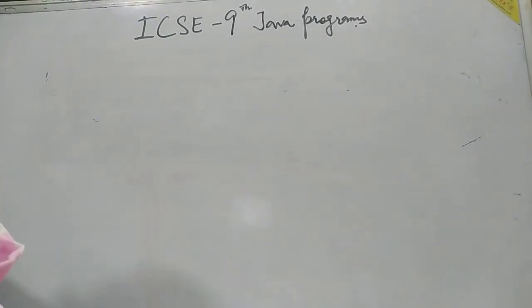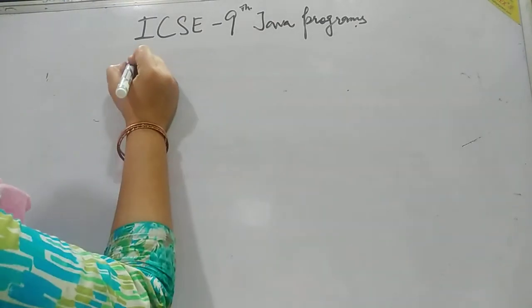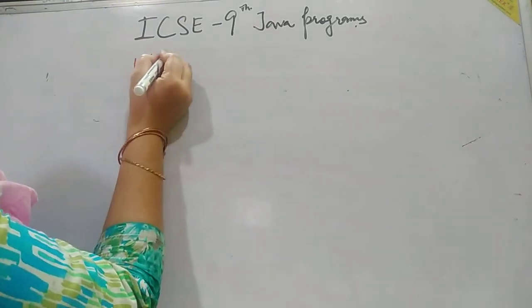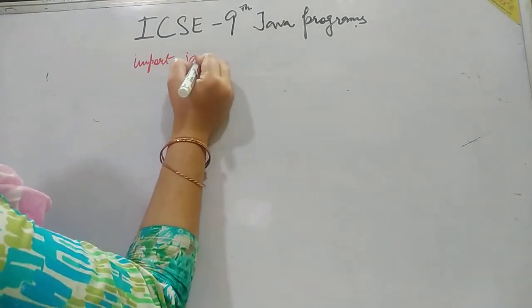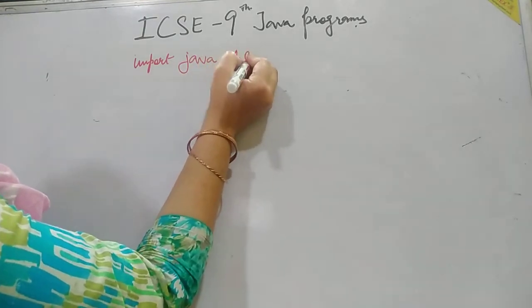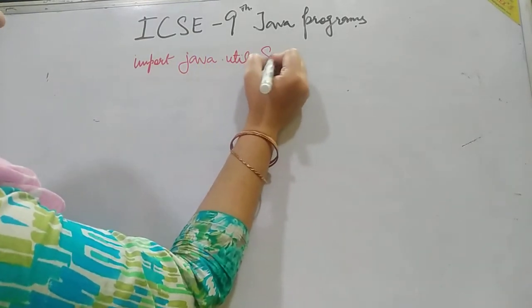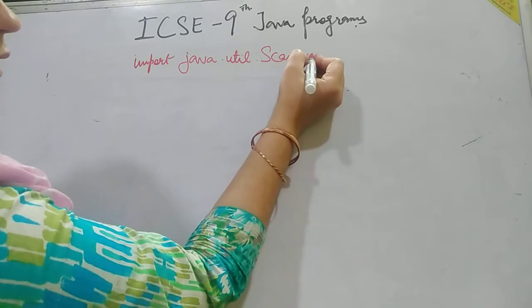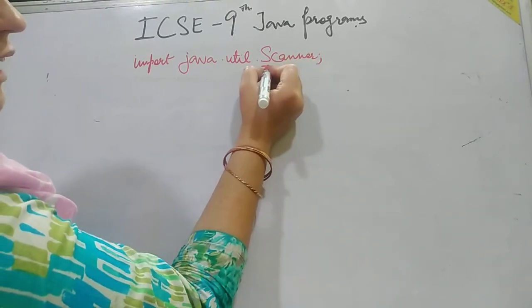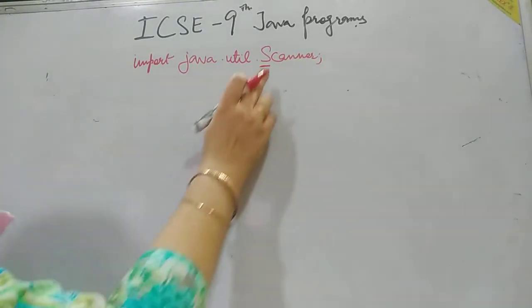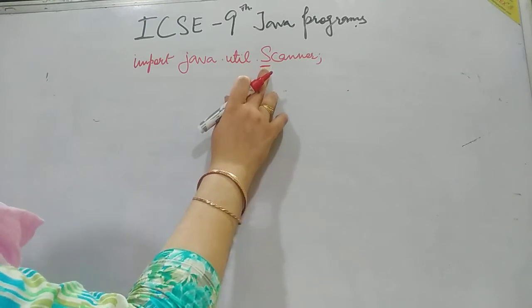As we need to use the Scanner class in the program, we need to write import java.util.Scanner, and you all know that Scanner is the name of the class, so the first letter of the class name must be capital.